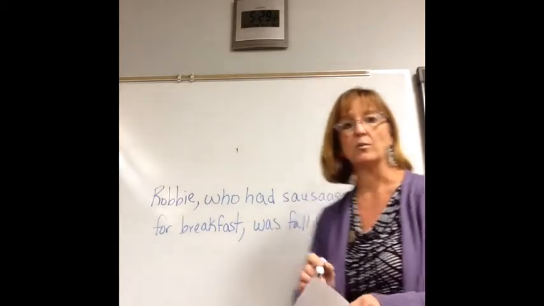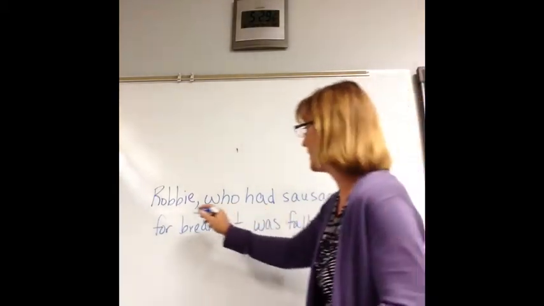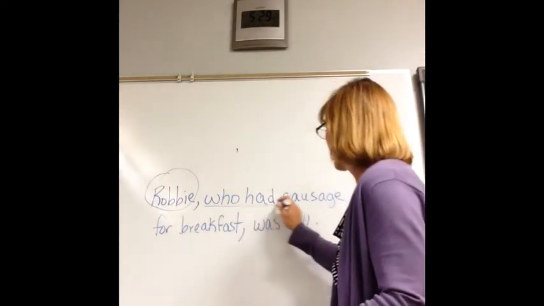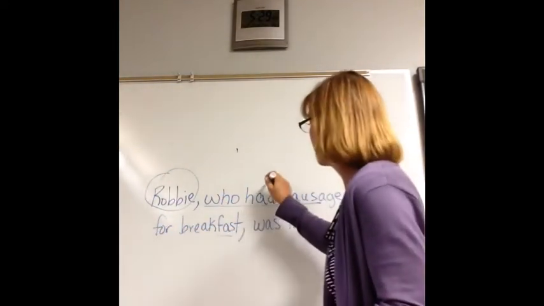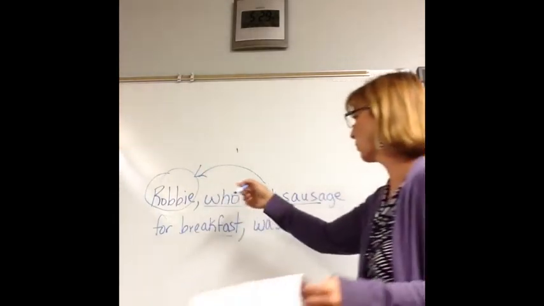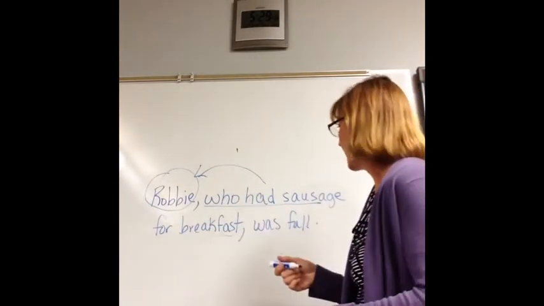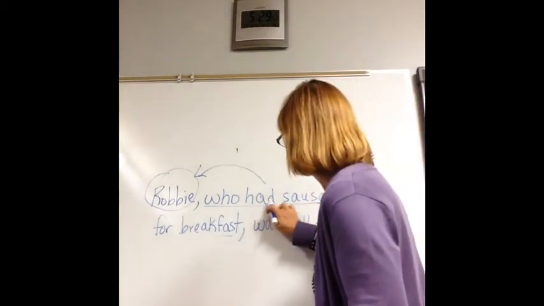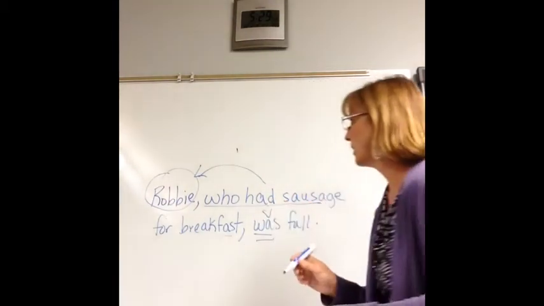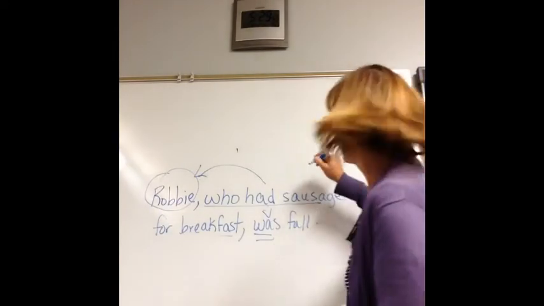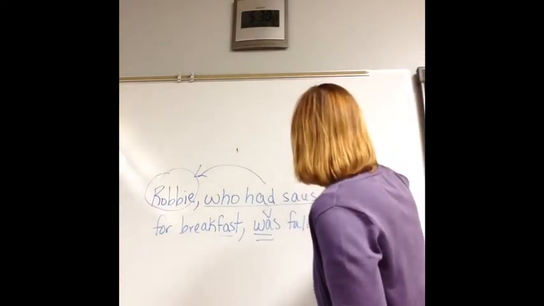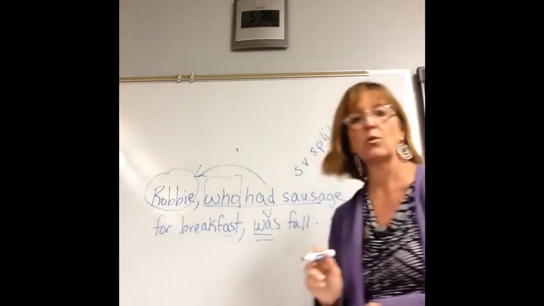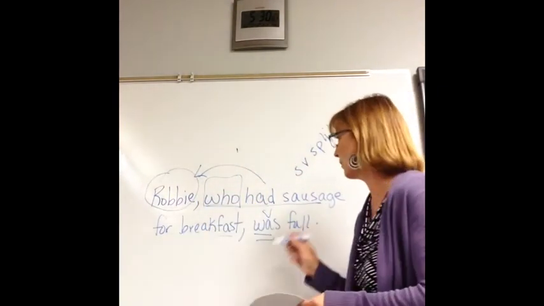All right, so we are describing Robbie. He's our noun, and this is our clause that describes him. Which Robbie? Well, what did Robbie do? Well, he had sausage for breakfast. Notice that it's between the subject and the verb, so this position is an SB split. And this is our relative pronoun. Okay?